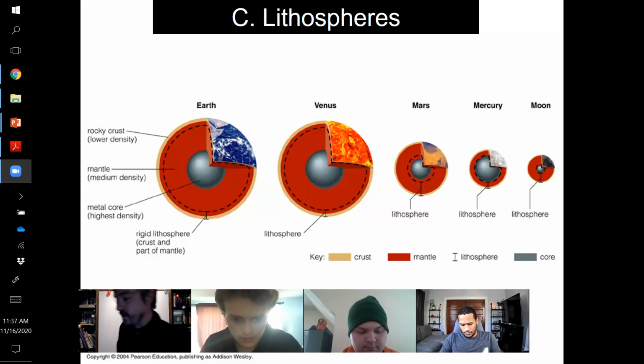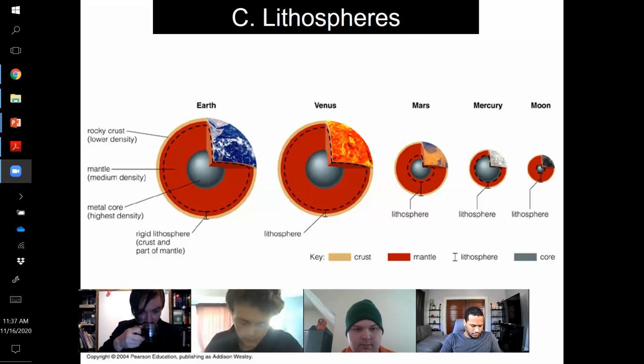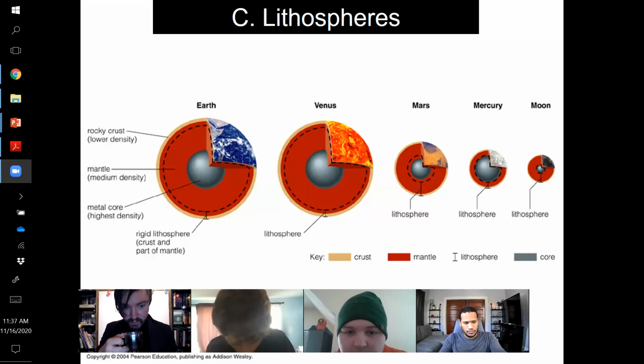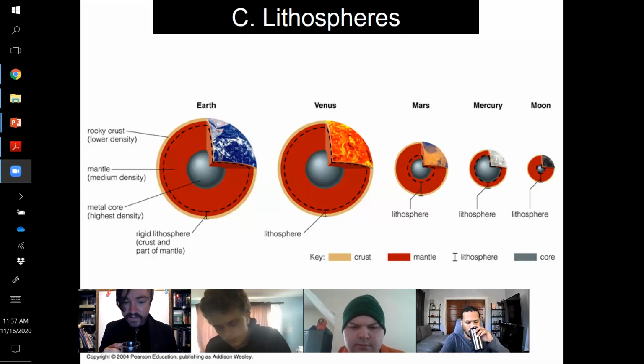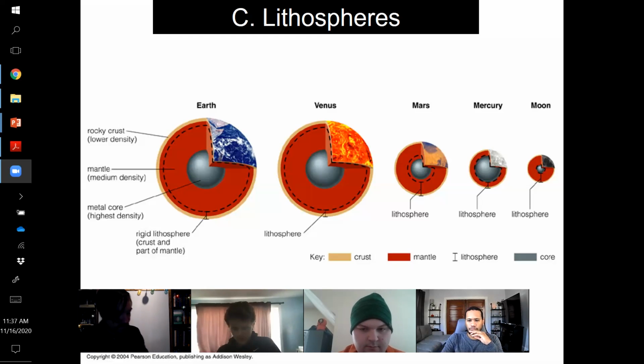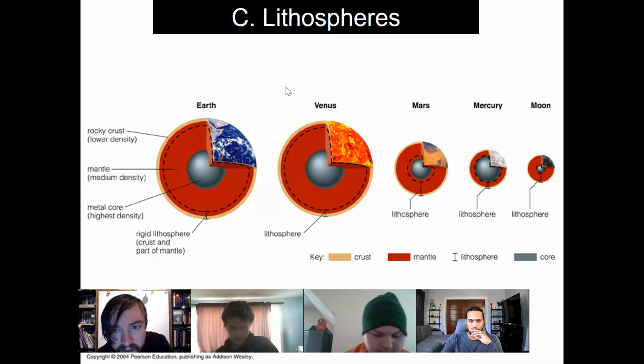Let's try a simpler question. What is a lithosphere? Who knows what a planetary lithosphere is? Is it the crust? It's kind of like the crust, but it's different than the crust. How is it different than the crust? For instance, I can see here, Matt, okay, thank you.